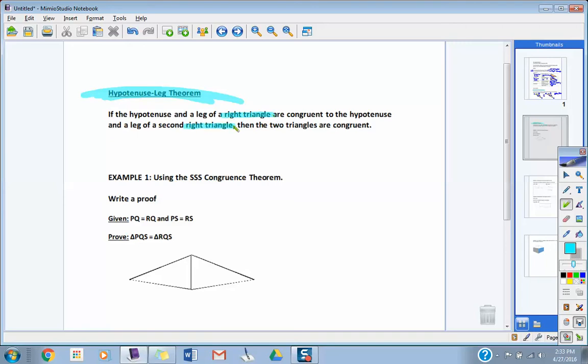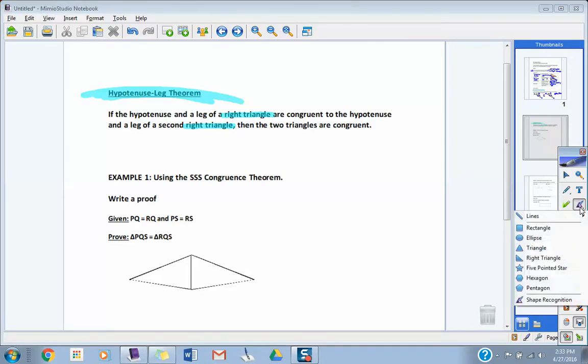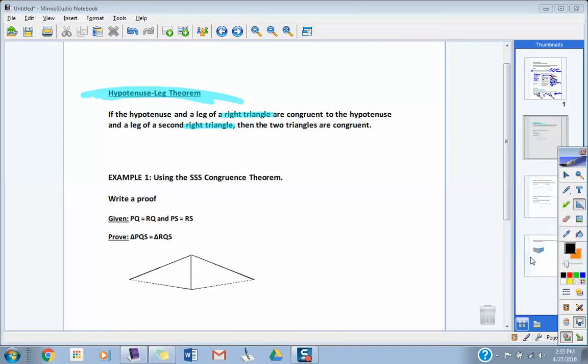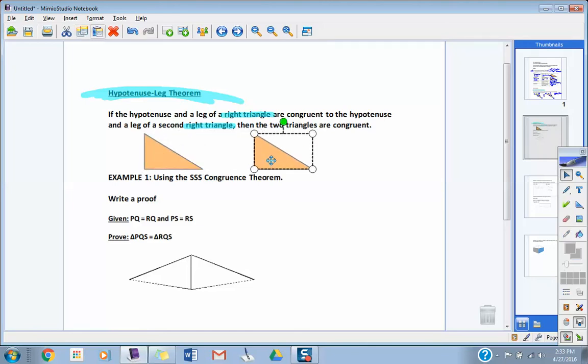So let's get 2 right triangles sketched up there that look pretty much the same. Okay, so I'll do this. There are my 2 right triangles right here, exactly the same. Okay, it says in this right here, if they're a right triangle, I want to make sure I identify a right angle in this.